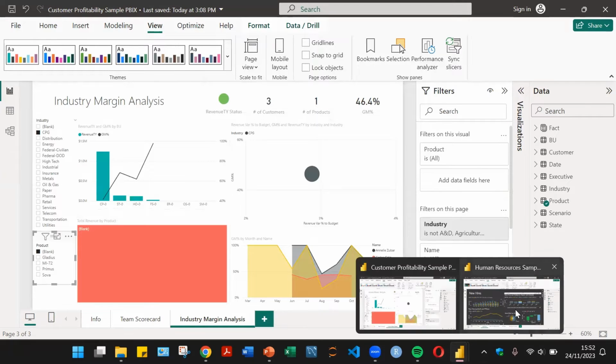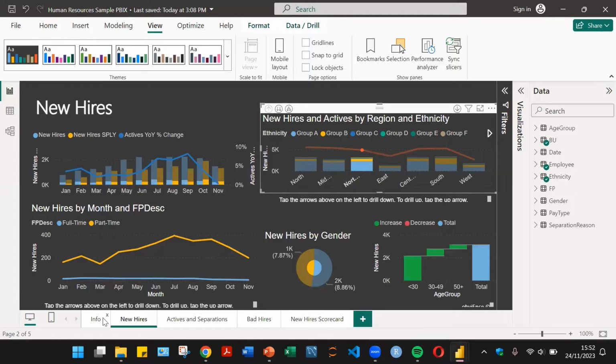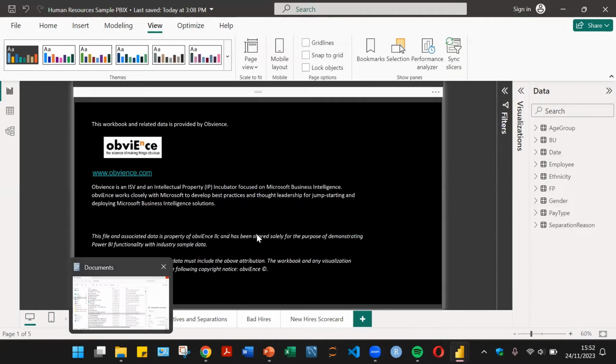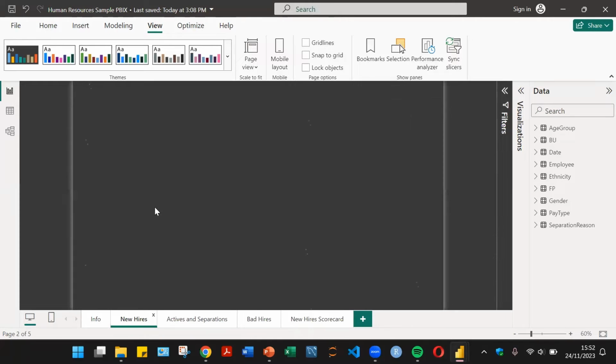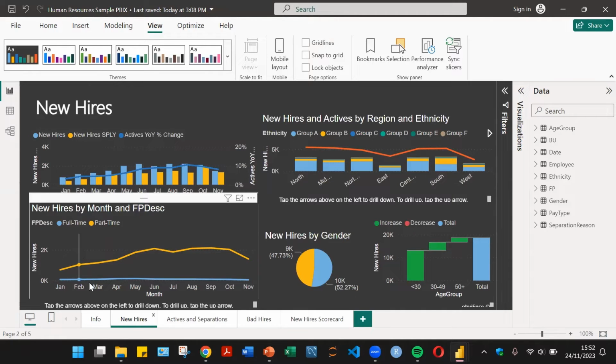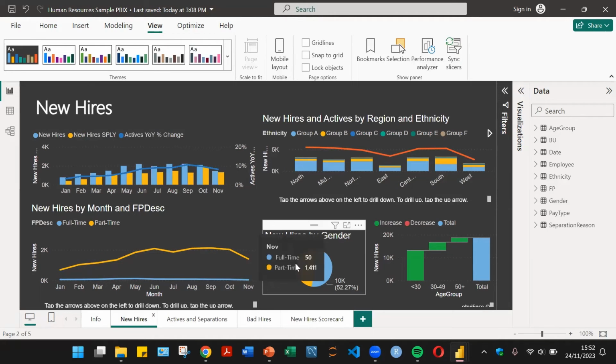Then let's look at another, which is information about a human resource department, that is the HR department. We have the illustration of hires, that is the new employees, and the number of new hires over time. As you can see, the number increases and then drops.